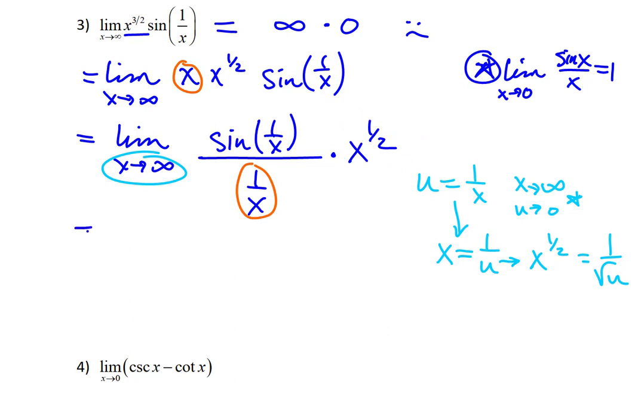So now let's rewrite using what we have. We're going to say this is now the limit as u approaches 0, and actually it's not just approaching 0, it's approaching it from a positive direction. I'm going to say as u approaches 0 from the right, which is true of this.